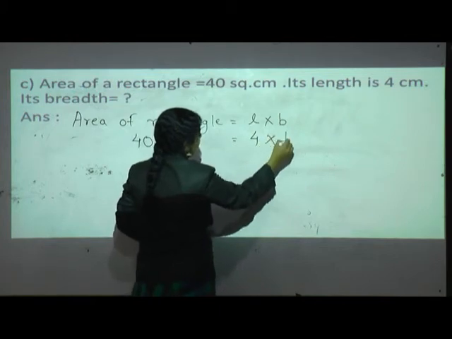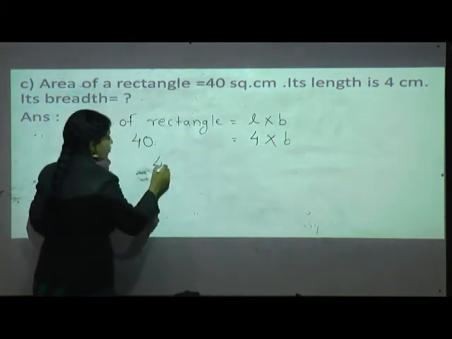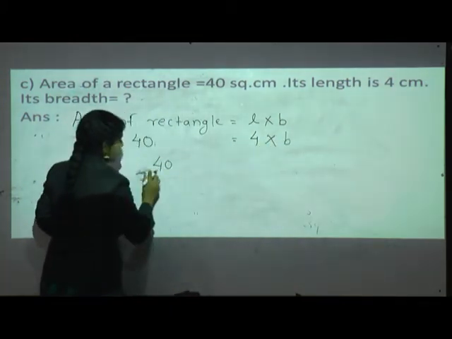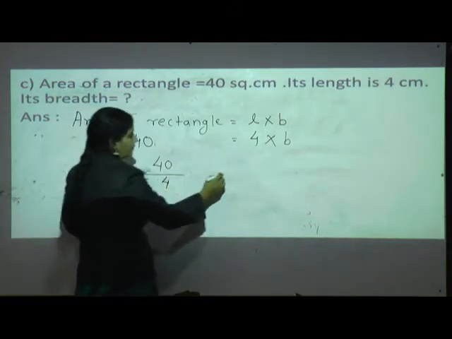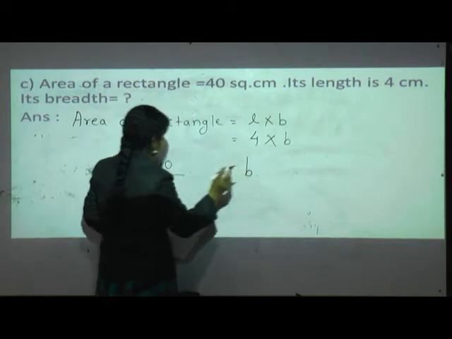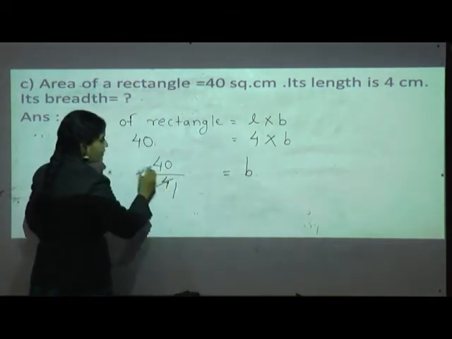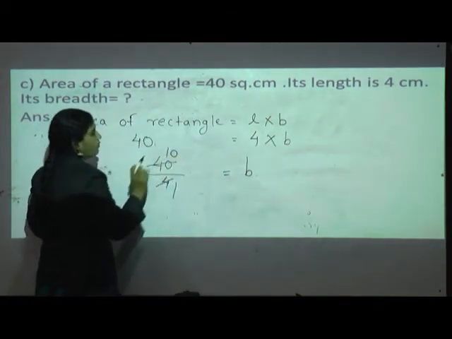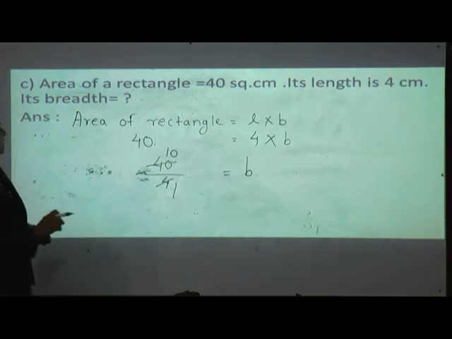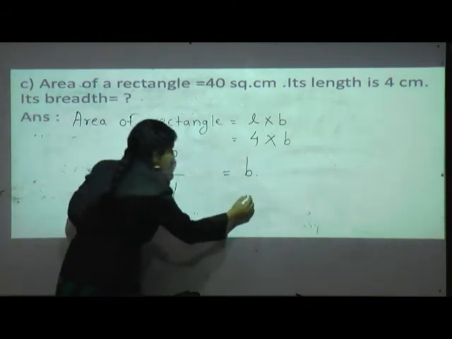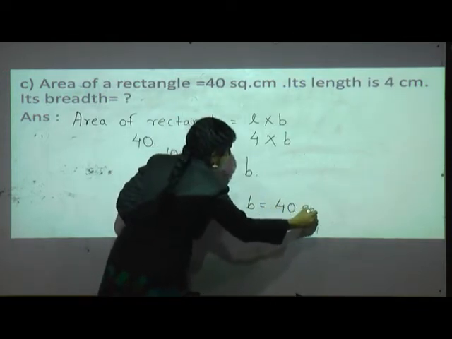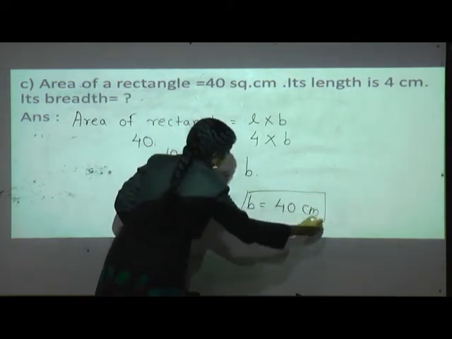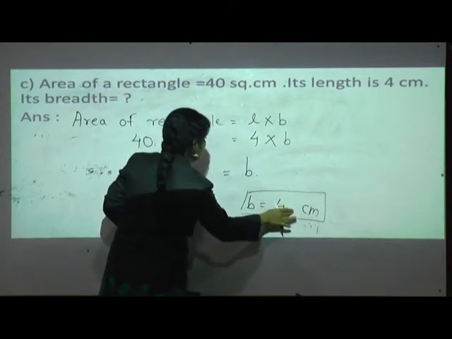We don't know breadth. So I divide 40 by 4 and keep B as it is. 4 ones are 4 and 4 tens are 40. So your breadth is equal to, sorry, 10 centimeter.